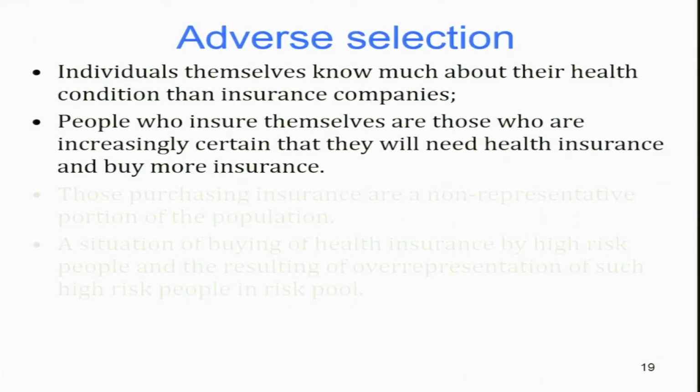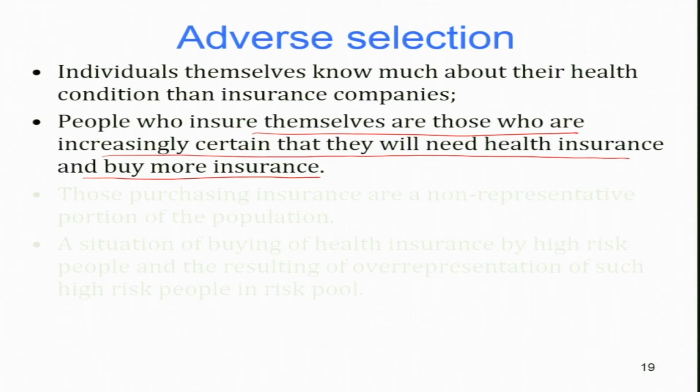What you can see is that since individuals themselves know more about their health condition than insurance companies, people who insure themselves are those who are increasingly certain that they will need health insurance, and they buy more insurance as compared to individuals who think that they do not need insurance.